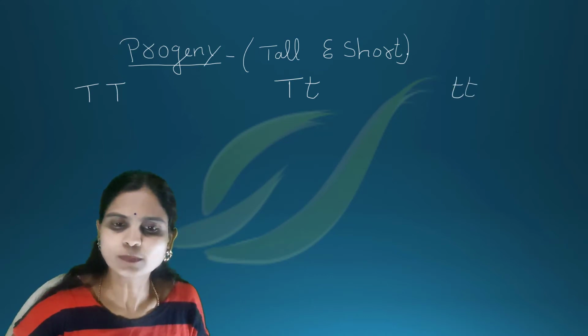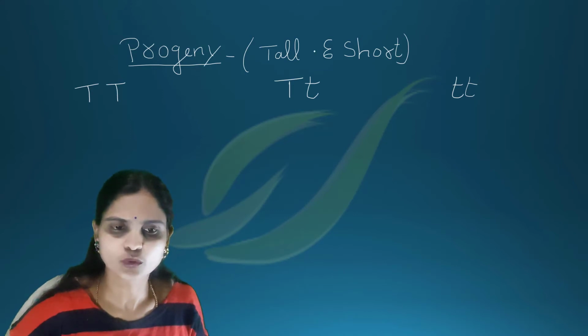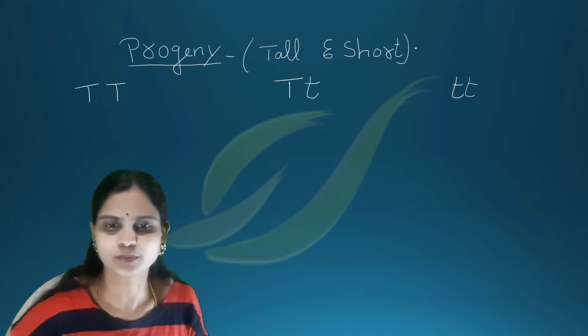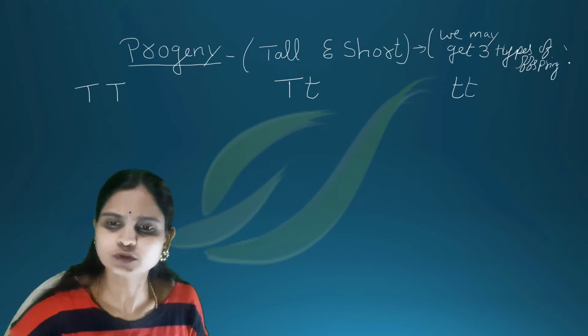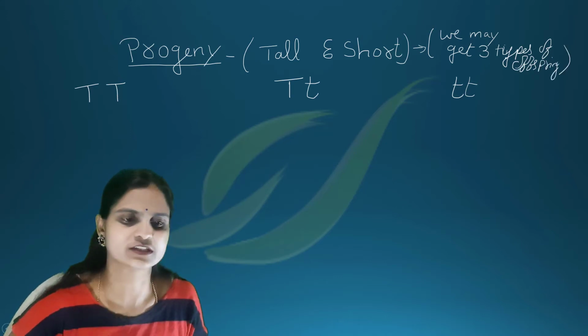So if you cross tall and short plants, we may get 3 types of offsprings.